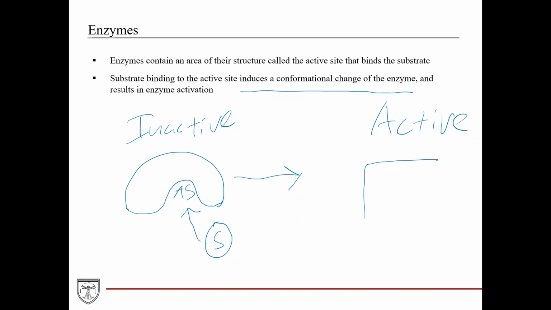Let's say, just for cartoon's sake, it changes from a rounded structure to a square-like structure when it's bound to its substrate like this. So now it's active. That's the key concept you want to take away: it has an active site, it binds the substrate, induces a conformational change, and activates it.